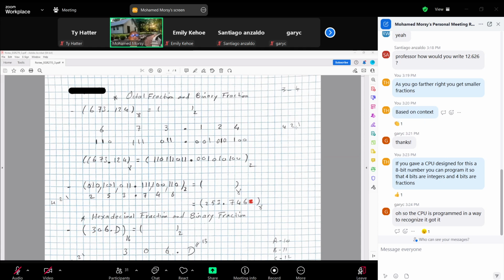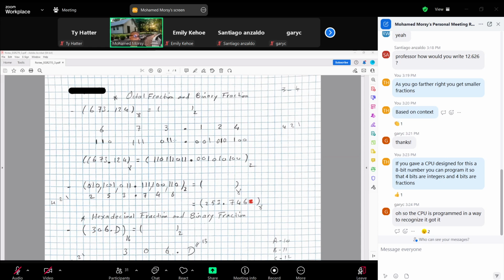So 3 is 1 plus 2, so 011. 7 needs 1 plus 2 plus 4, so 111. 6 is 4 plus 2, so 110. These are the corresponding binary groups for the octal part.